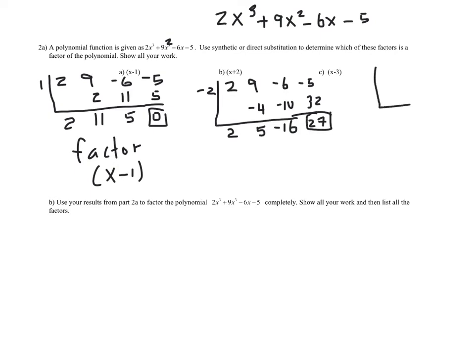And then the next one, we have 3, and we have 2, 9, negative 6, negative 5, so this is 2, and so 3 times 2 is 6, so 15, so 3 times 15 is 45, and this becomes 39, and 39 times 3 is 117, and this is 112, so that's the remainder.